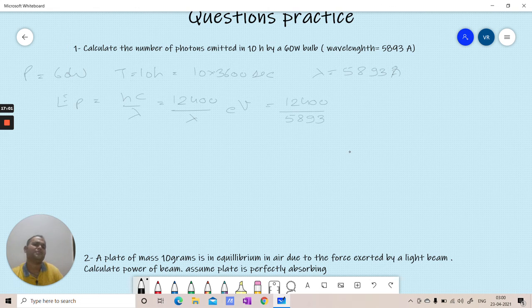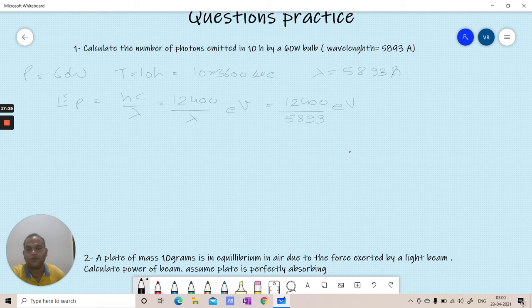Is it almost becoming 6000? Yes. Is it almost twice of it? Yes. So we can take the ratio directly as 2, or something more than 2, let's say 2.1 something. Yeah, it's coming around 2.1. So this is the energy of one photon in electron volts.